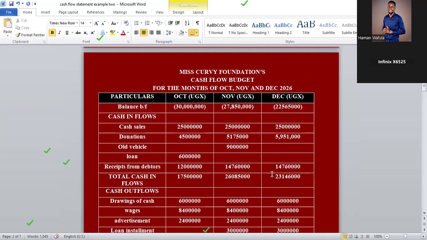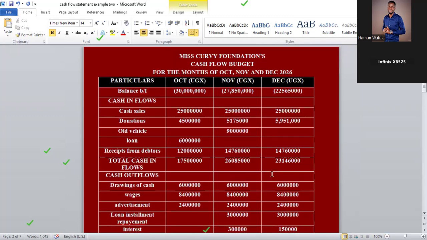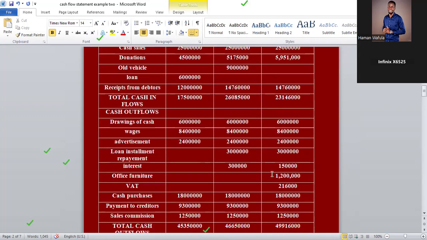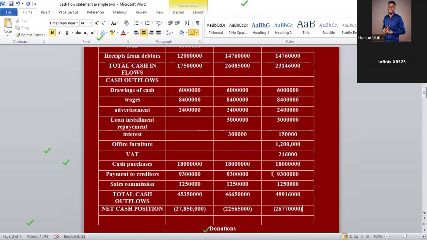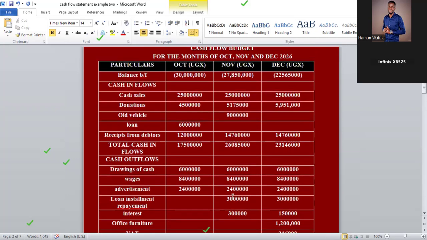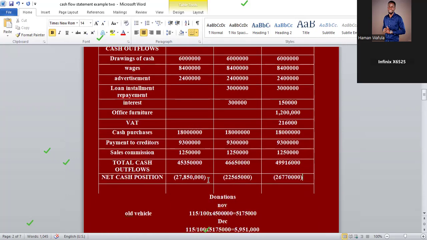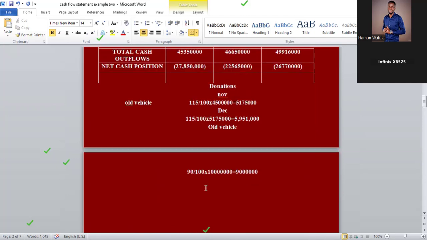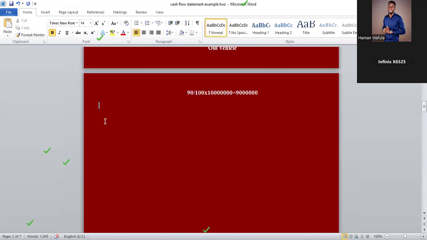When you look at it, you can see that the net cash position is negative. So as we are commenting for each month, if it is a negative, you use the word deficit. If it is a positive, you need to use the word surplus. So, comments.